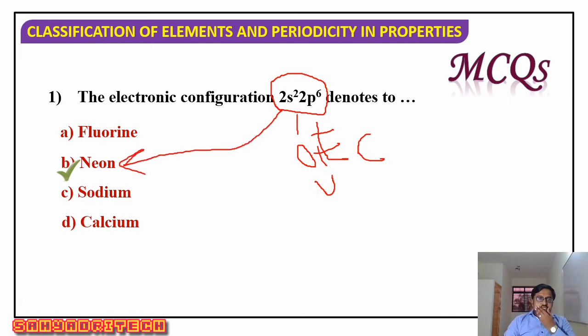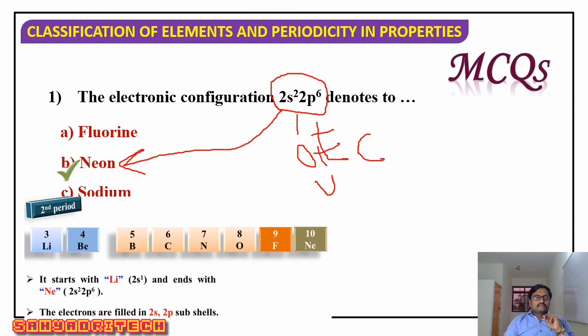Neon is the answer. Neon belongs to second period, so its electronic configuration ends with the 2s2 2p6 configuration. Say fluorine, sodium belongs to third, calcium belongs to fourth period, so the answer is neon. The second period starts with lithium and ends with neon, atomic number 10, so 3 to 10 is the second period.